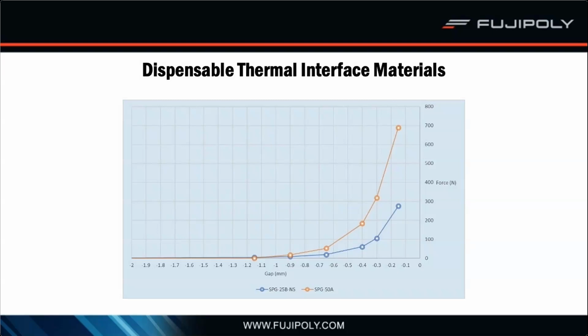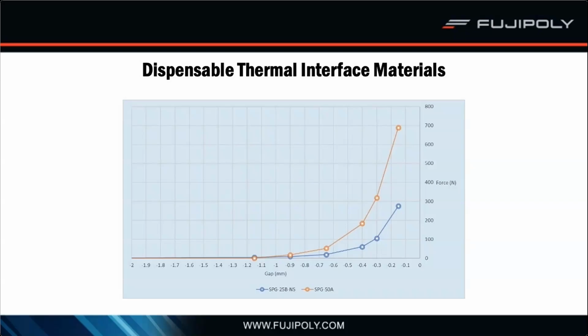So looking at the curve for SPG50A, you can see that we don't see much stress as we compress down from 2 millimeters. The load cell isn't registering much of a force for the majority of the test, but we start to see it increase as we approach 0.6 millimeters. And then once we get down to 0.4 millimeters and lower, you can see a dramatic increase in the force. And the same occurs with the SPG25B NS.